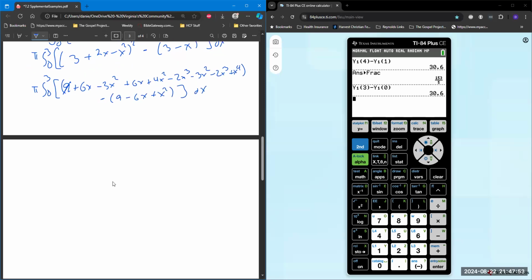So 9 minus 9, and then 6 and 6 is 12, and another 6 is 18. And then negative 6 minus 1 is a negative 7. And then plus 4 is a negative 3.